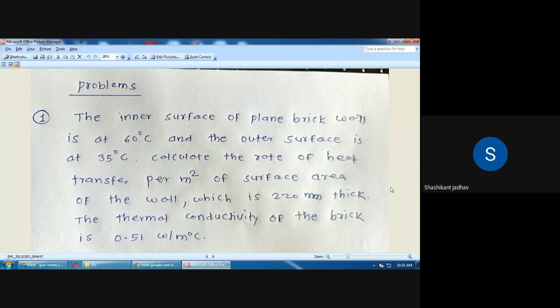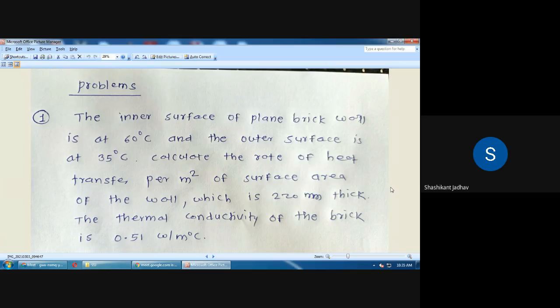You know the plane wall's equation. What is the equation for the plane wall? Q is equal to K into A into T1 minus T2 divided by L. On this equation, we have to solve one simple problem. So write down the problem.